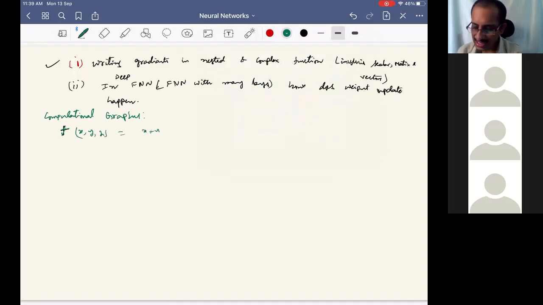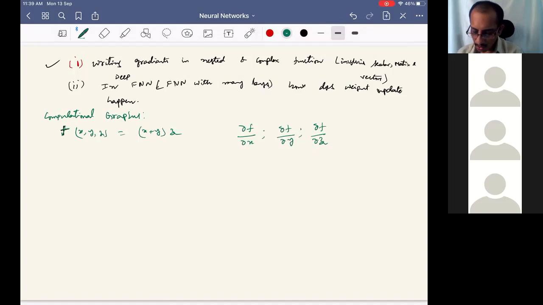The function is defined as x plus y into z. Now we want to see the derivatives, dou f by dou x, dou f by dou y, and dou f by dou z, any of the derivatives of the function f. Let all be scalars to begin with.